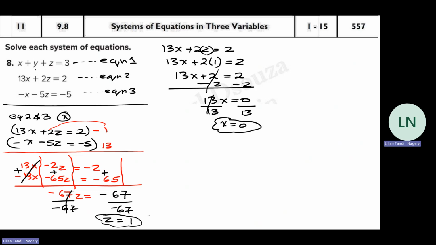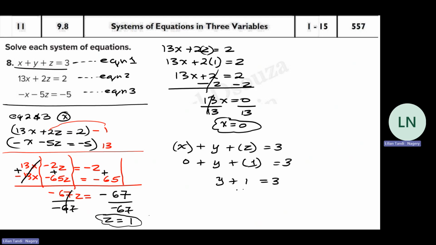Now, I'm going to substitute in the first equation. X, I know x, plus y, I know z, equals 3. 0 plus y plus 1 equals 3. Y plus 1 equals 3.